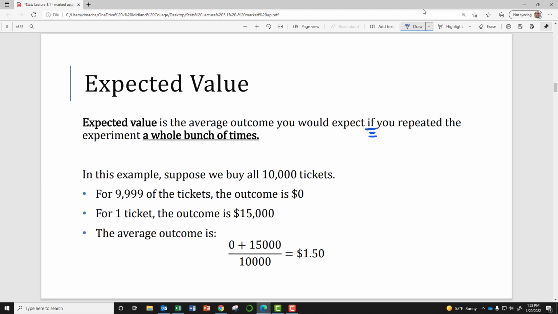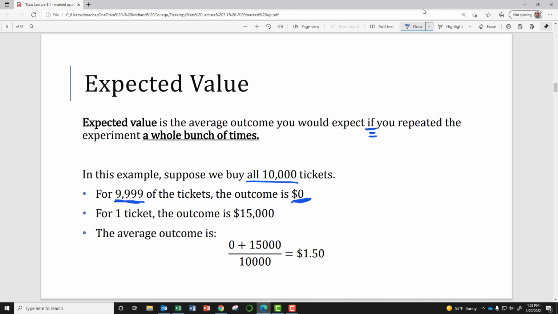So in this example, suppose we buy all 10,000 tickets. So this is representing playing the lottery a whole bunch of times. Now for 9,999 of the tickets, the outcome will be $0. So these 9,999 tickets are worth $0, but one of the tickets is worth 15,000.